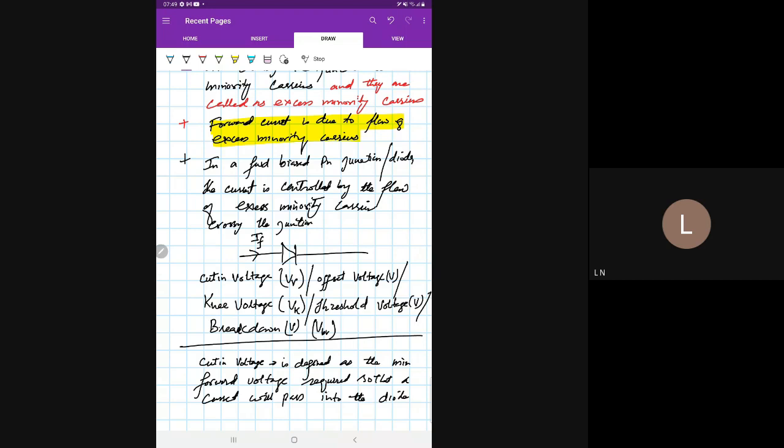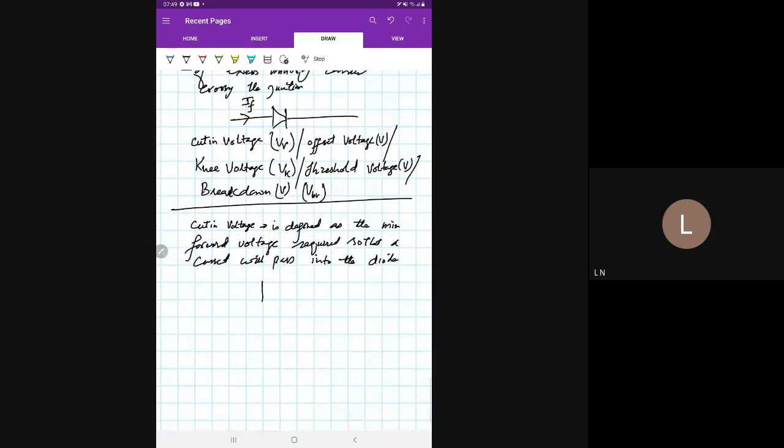We have already discussed that inside a diode, when you connect P and N regions together, so this is the P side and this is the N type semiconductor, there is a junction, there is a depletion region which cannot be crossed by the majority carriers on the P side and majority carriers on the N side very easily.